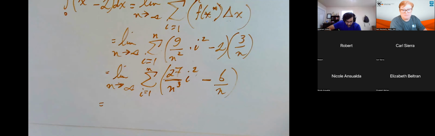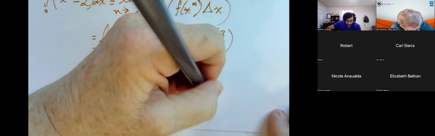So we have the limit as n goes to infinity, sum I goes from 1 to n. We're just going to look at the first part, 27 over n cubed times I squared, minus sum I goes from 1 to n of 6 over n. And the beginning and ending parentheses encompass the whole sum.